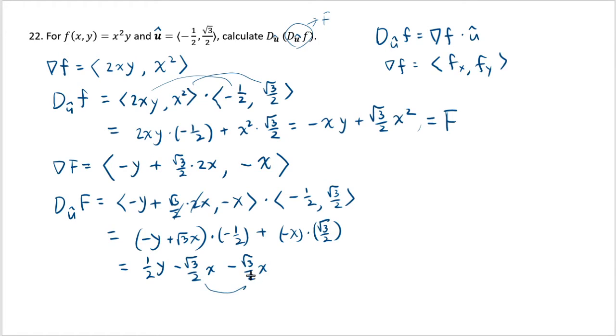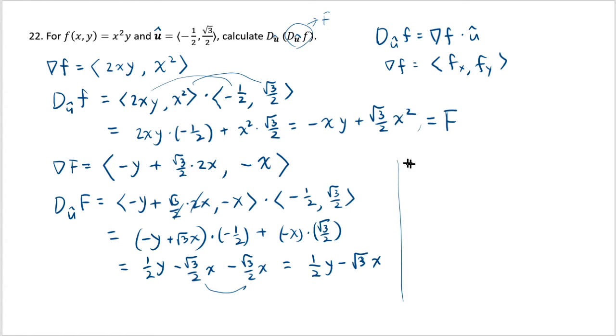Since these are like terms, if you add, they get doubled, canceling the denominator too, and therefore the final answer is 1/2 y minus radical 3x. Okay, so that's the answer.